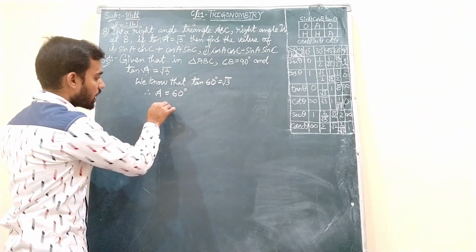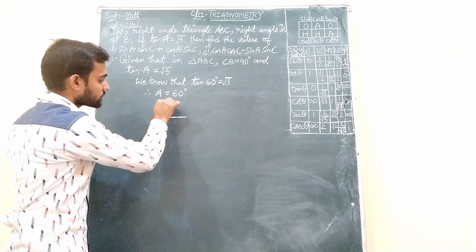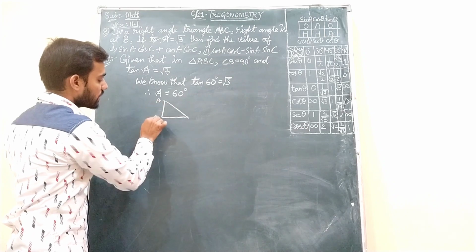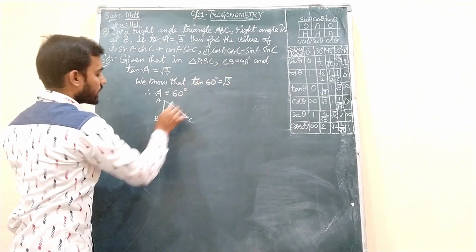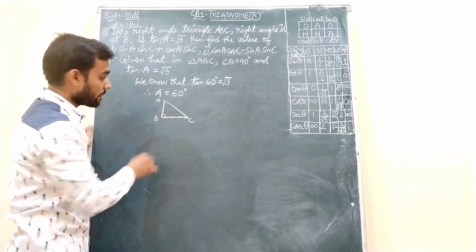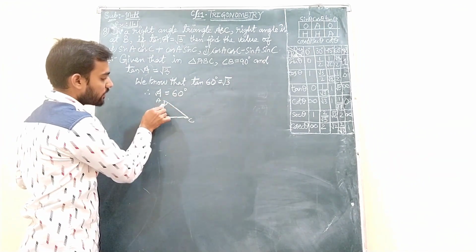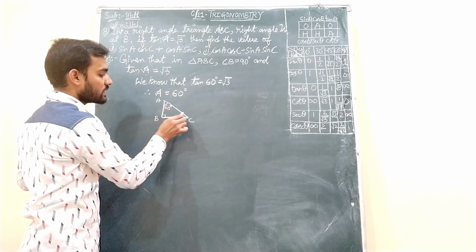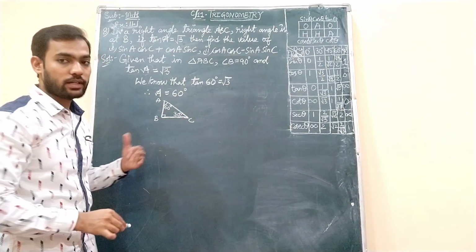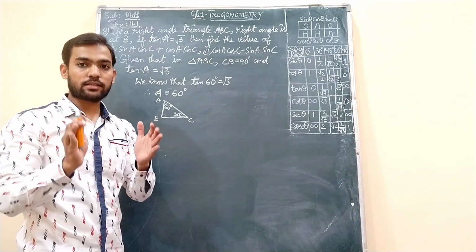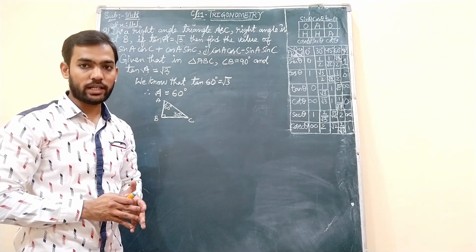Understand, students? Now I will draw a small triangle ABC. Already it is given in question that angle B is 90 degree. Angle A just now we got, which is 60 degree. It means that angle C is how much? 30 degree. Because we have learned in our earlier classes that the sum of all angles in a triangle is 180 degree.